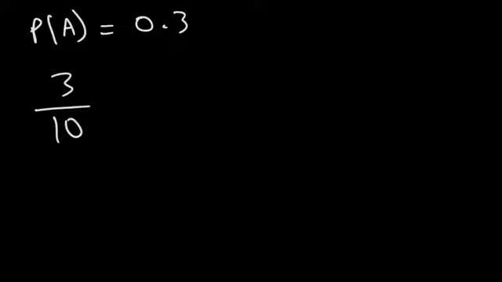So if the probability is 0.3, that means out of, let's say, 10 possible tries, we're going to get approximately 3 favorable outcomes, because 3 out of 10 is 0.3. Let's say out of 100 tries, we would get 30 favorable outcomes. So here's an example situation.